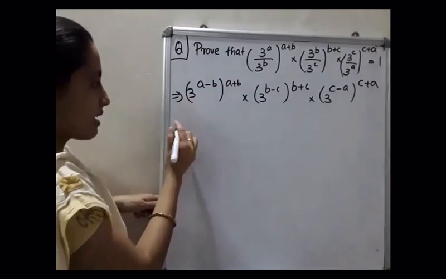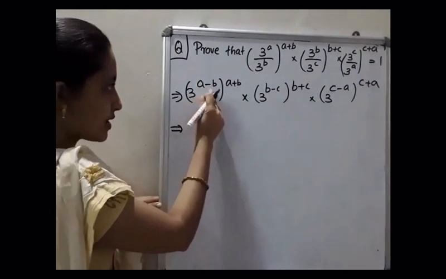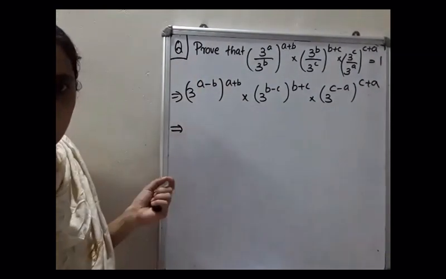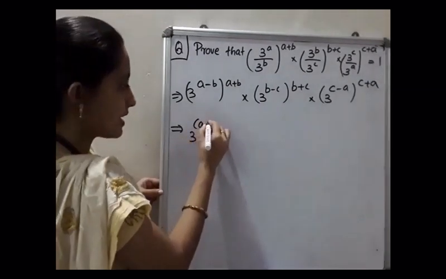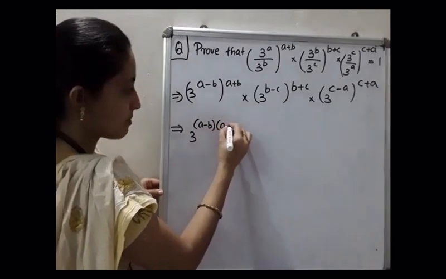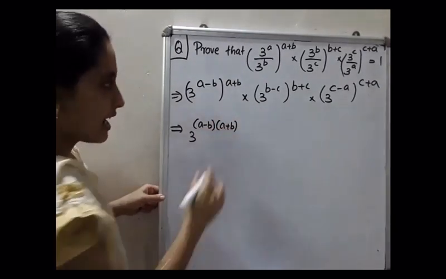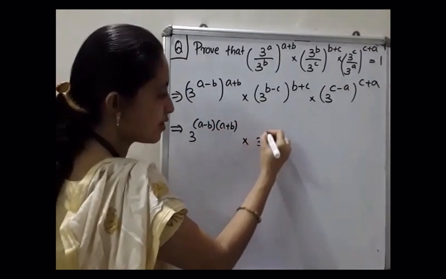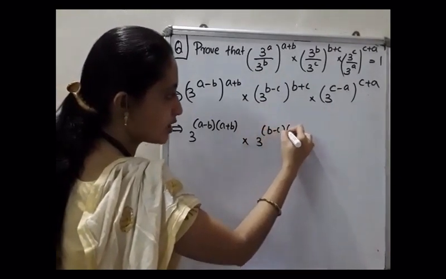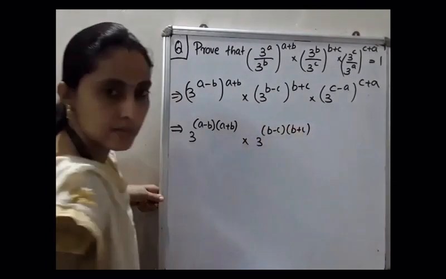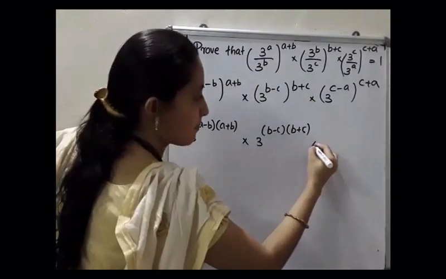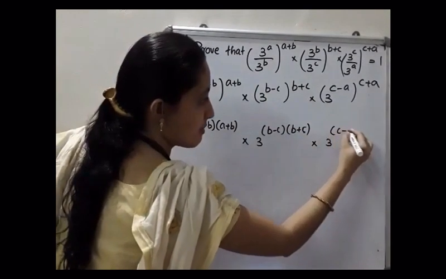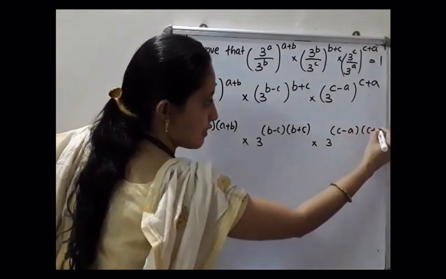Then listen here, a raised to m, the whole raised to n, is a raised to m into n. That is 3 raised to a minus b into a plus b. Next, 3 raised to b minus c into b plus c. Next, 3 raised to c minus a into c plus a.